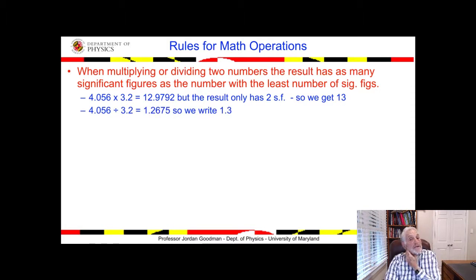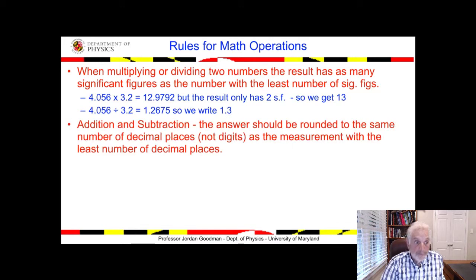If we divide the same numbers, 4.056 divided by 3.2, we get 1.2675. Again, we only have two significant figures, so we would use the rounding rule: this is 1.2, and 6 is 5 or bigger, so we round up to 3, and we write down 1.3.